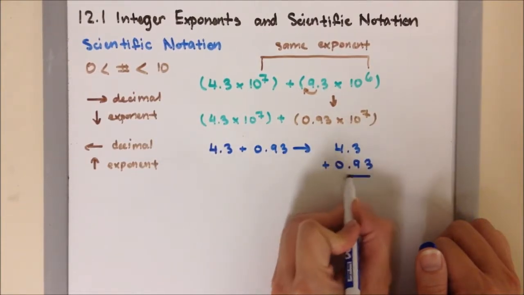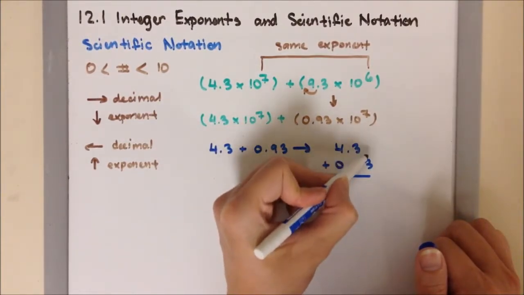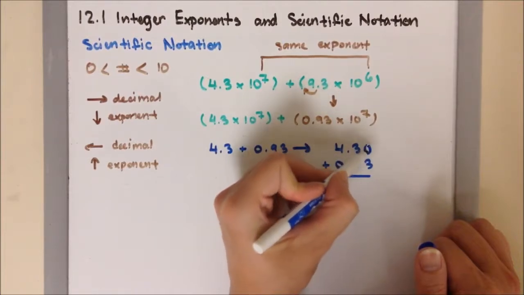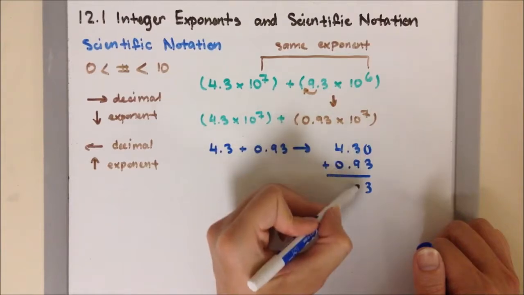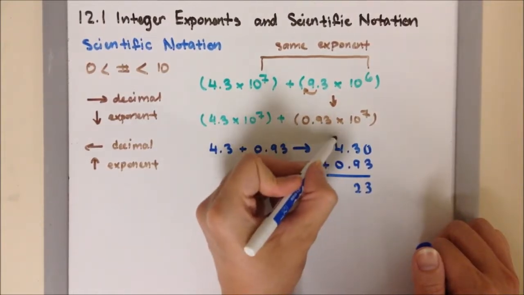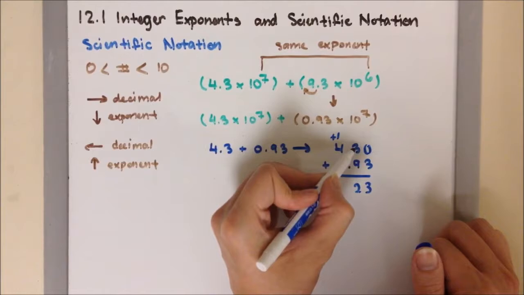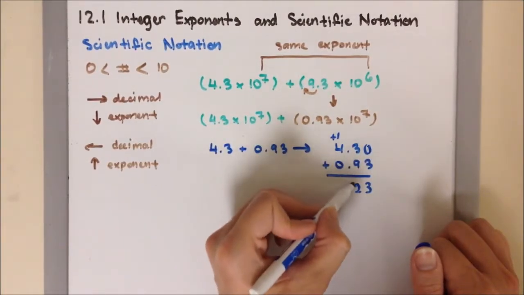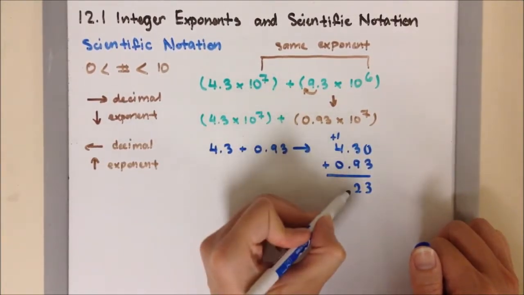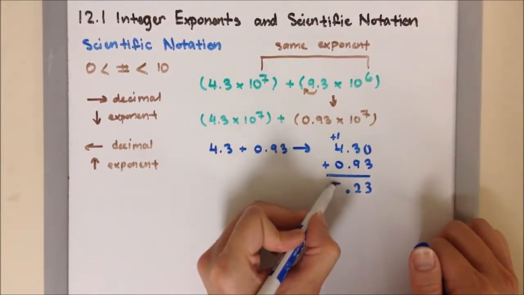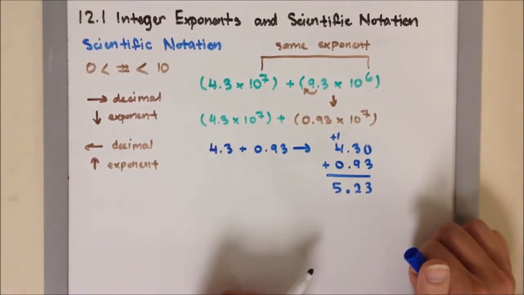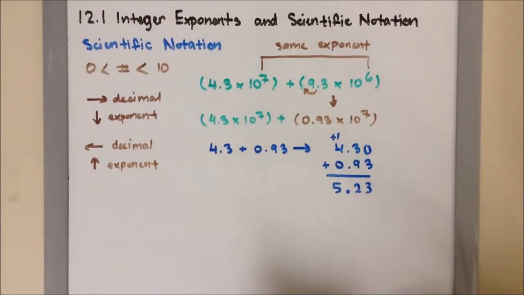So here I can just add a 0 to line up my numbers. 0 plus 3 is 3. 3 plus 9 is 12, so I'm going to write the 2 and then carry the 1. Put my decimal. 1 plus 4 is 5. Alright. So again, make sure you line up your decimal when you're adding and subtracting.